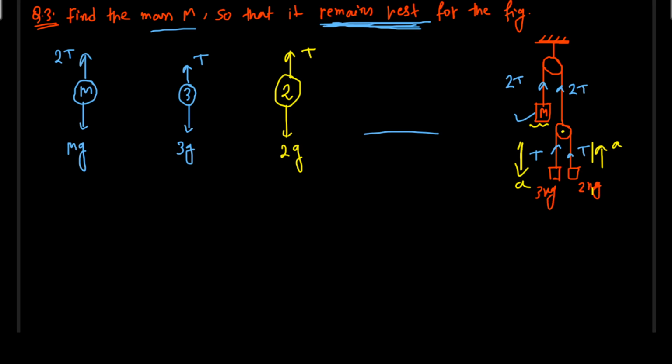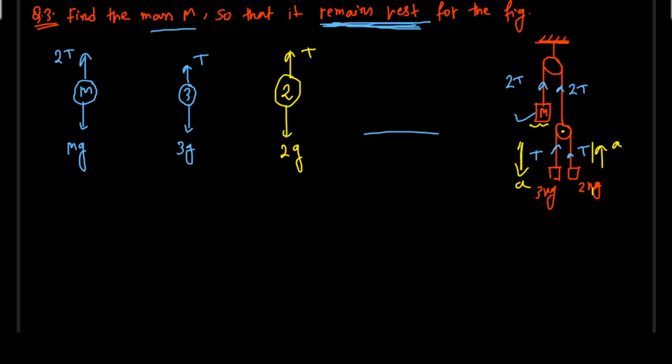From this equation, if they are at rest, then T is equal to 3g and here T is equal to 2g. So it can't happen. In the same system, the same tensional force should not be different. So these two blocks have to move.